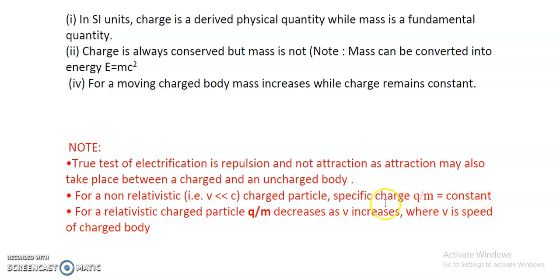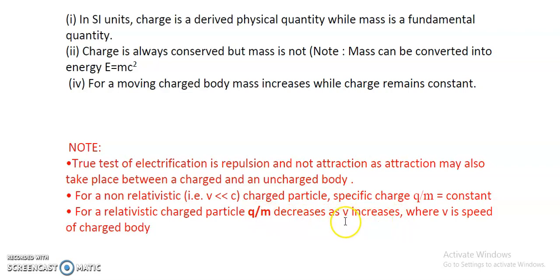But in the case of a relativistic charged particle, meaning the charged particle follows the condition of the special theory of relativity, the ratio q/m decreases as the velocity of the charged particle increases.